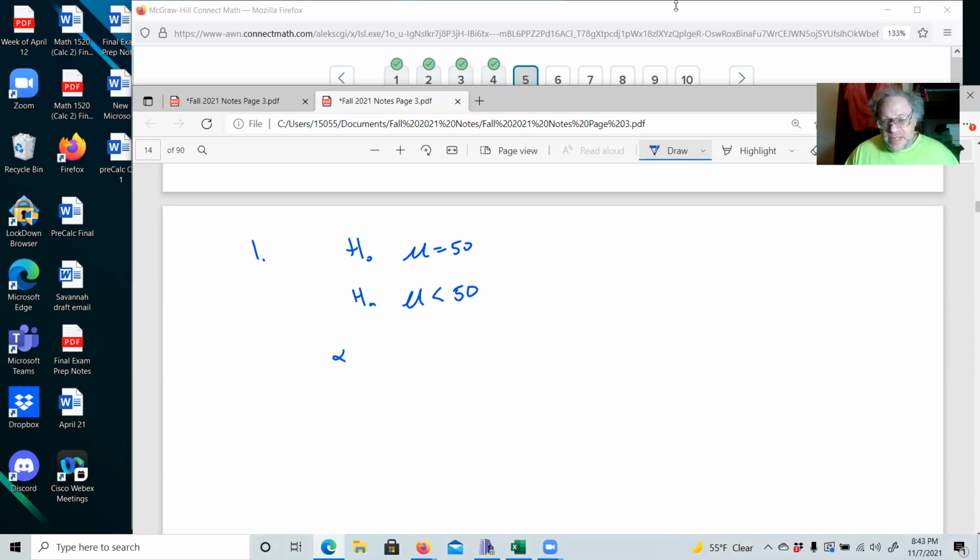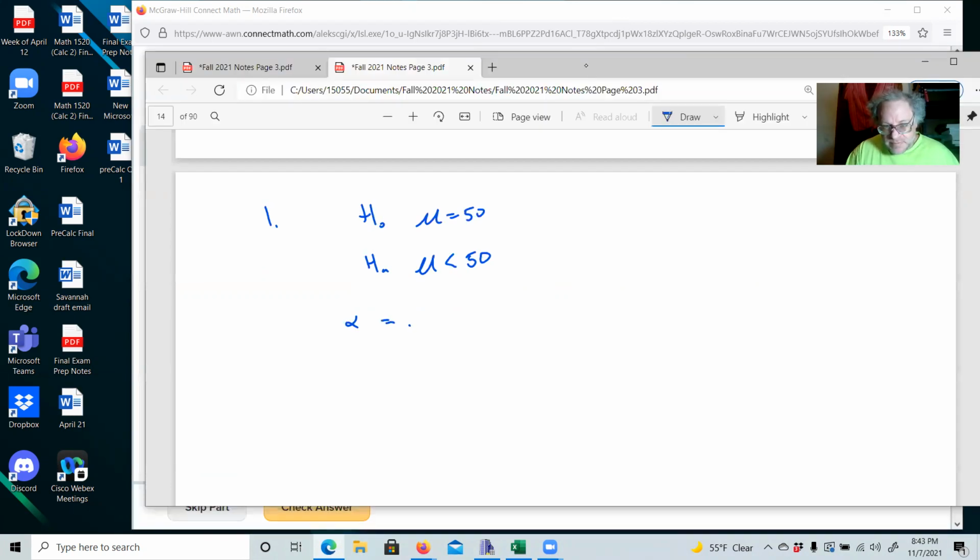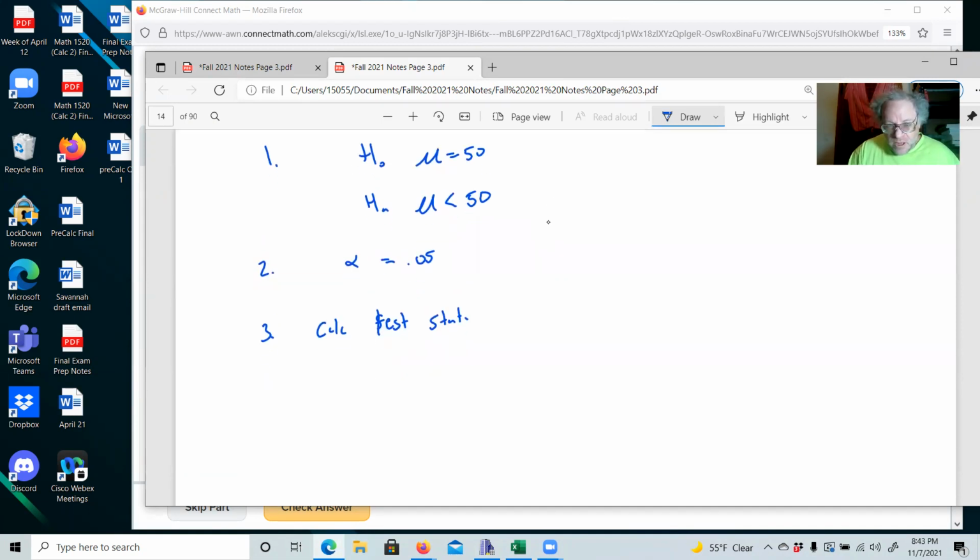Our level of significance is going to be 0.05. That's our second thing. Third, we're going to calculate our test statistic. Or rather, the calculator is going to calculate it, but let's write down the pertinent information we need.